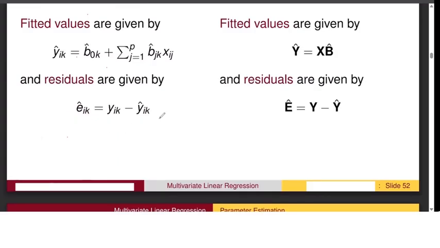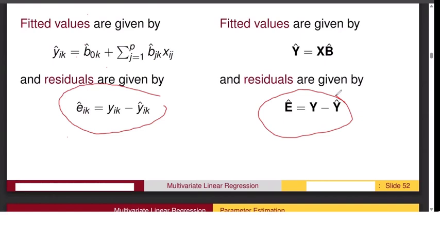The residual is a gap between them. Some of you may be wondering, what is the difference between error and residual? An estimated error is called a residual. You can see here we are estimating the error. That's a residual. This is for a particular response, and this is in matrix form. Is there anyone who doesn't understand this? Any questions? All good, right?